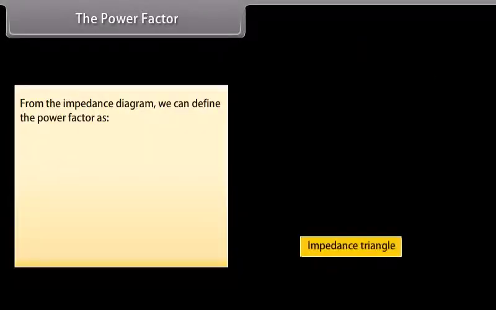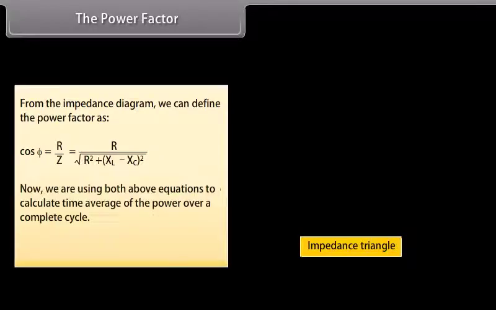From the impedance diagram, we can define the power factor as cos phi equal to R upon Z, which is equal to R upon under root R square plus (XL minus XC) square. Now, using both above equations, the time average of the power over the complete cycle is P bar equal to Irms square times R.